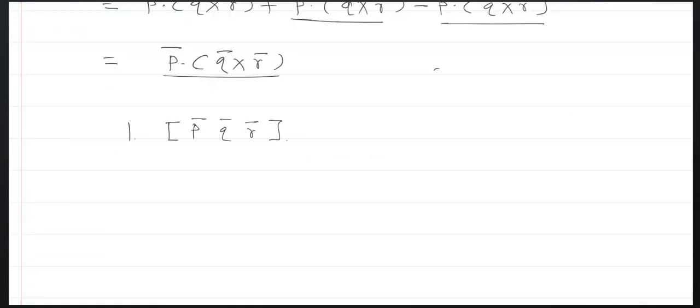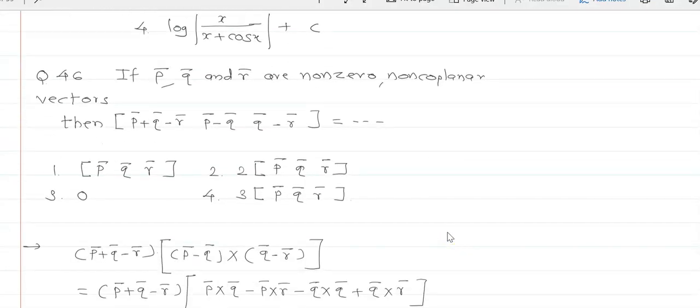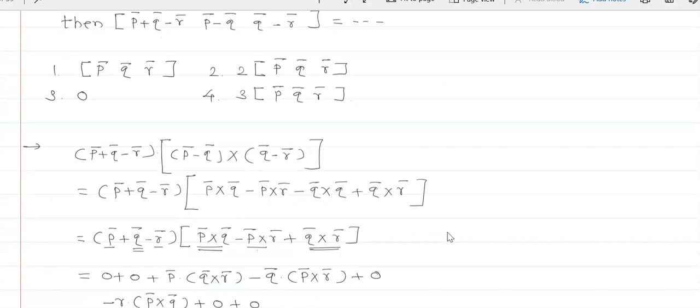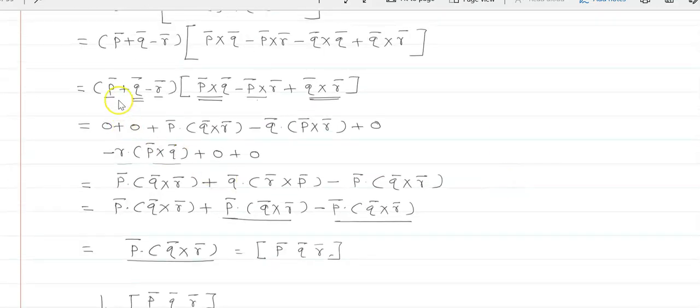Now again you can see this here. In product manner, that is p bar in bracket p bar plus q bar minus r bar, bracket complete, in square bracket p bar cross q bar minus p bar cross r bar plus q bar cross r bar.